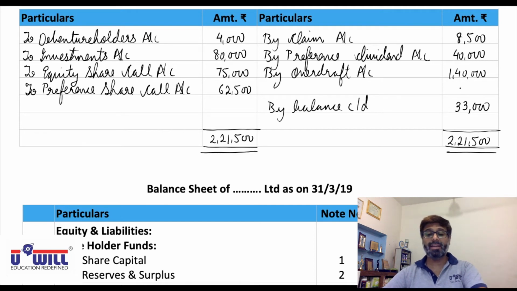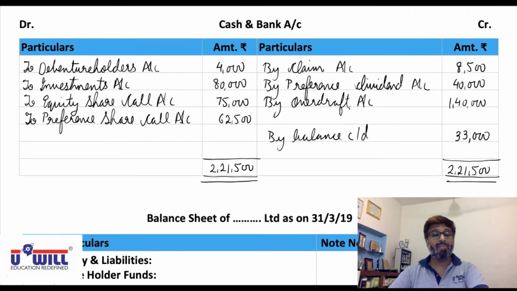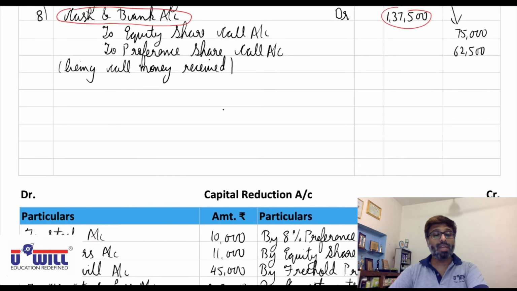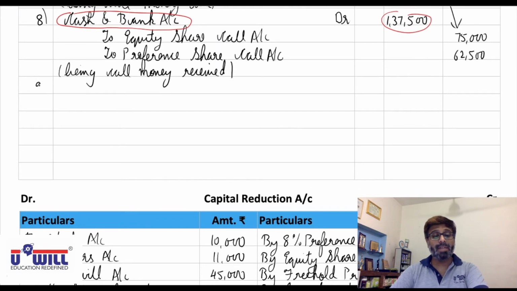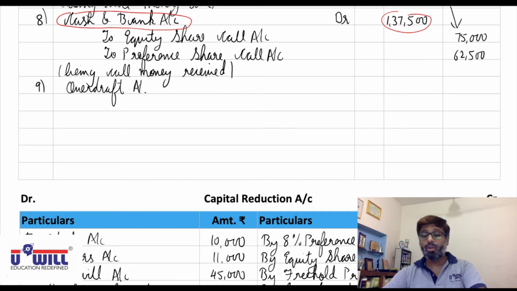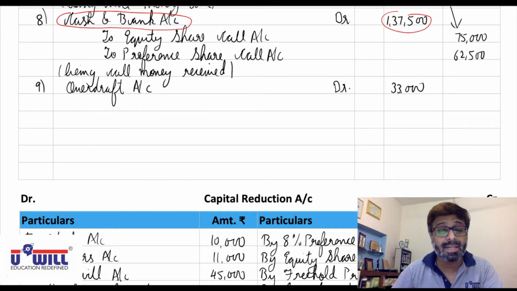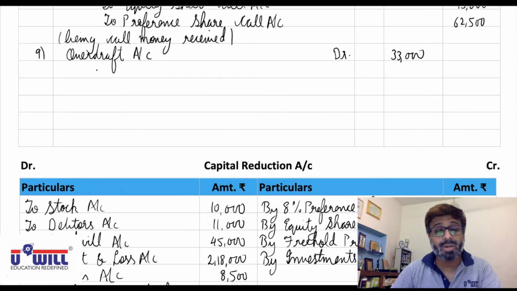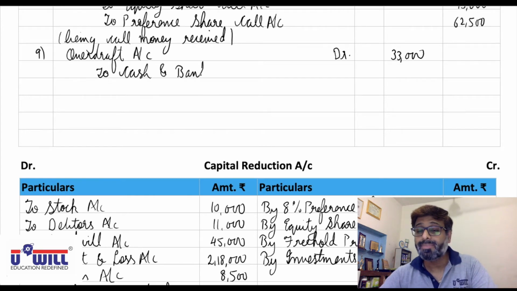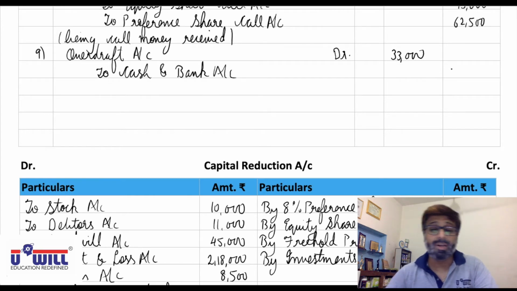Now, further the entry would be, we are paying the bank overdraft. So overdraft account is the receiver, debit the receiver, overdraft account debit. Or you can say overdraft is a liability, credit balance, to close it we reverse and debit. Cash goes out, credit what goes out, or bank is the giver, credit the giver, to cash and bank account. This is for the payment of bank overdraft.